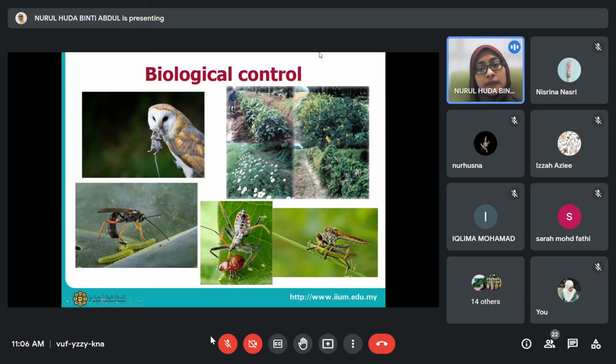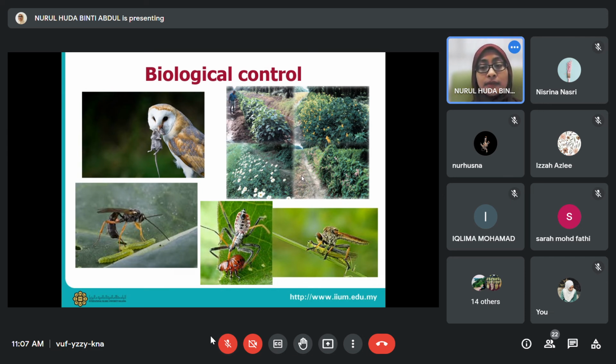Okay, a beneficial plant won't control the pest directly. Usually if you pass by oil palm plantations or the sides of FELDA areas, they are planted with this type of plant, like Turnera, Antigonon, and then we have Cassia here. They plant these because these plants attract pollinators, predators and parasitoids.